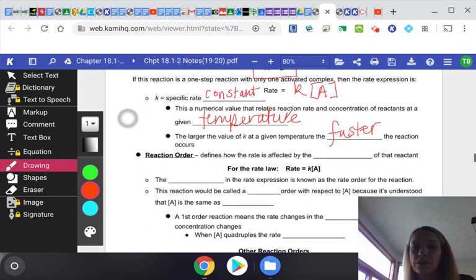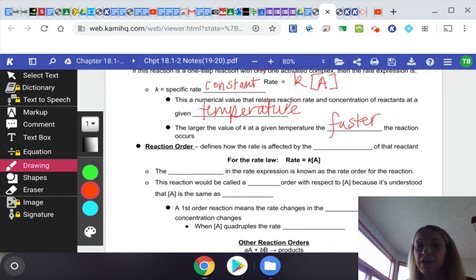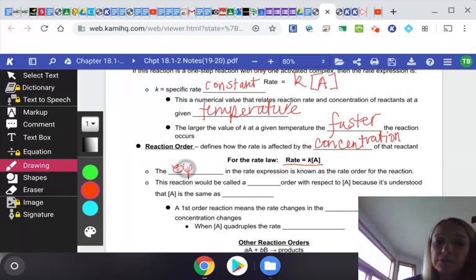The reaction order defines how the rate is affected by the concentration of that reactant. So for the rate law that we saw before, rate equals K times the concentration of A, the exponent in the rate expression is known as the rate order for that reaction.